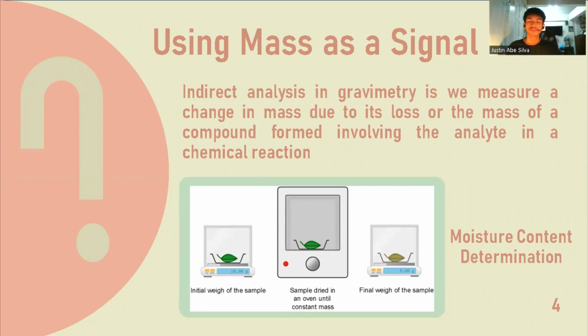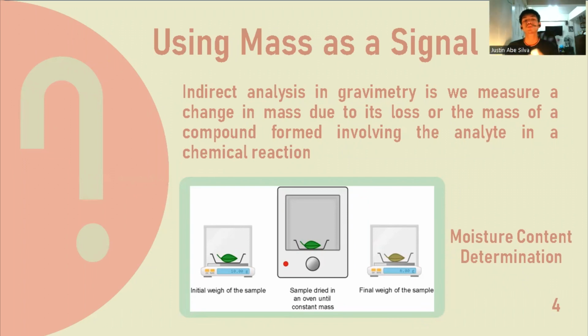First, we are going to, of course, weigh the sample initially and then expose it to heat at constant temperature for certain minutes or possibly certain hours until we reach a constant mass. This constant mass can indicate that the majority of the moisture content in our sample has already evaporated.